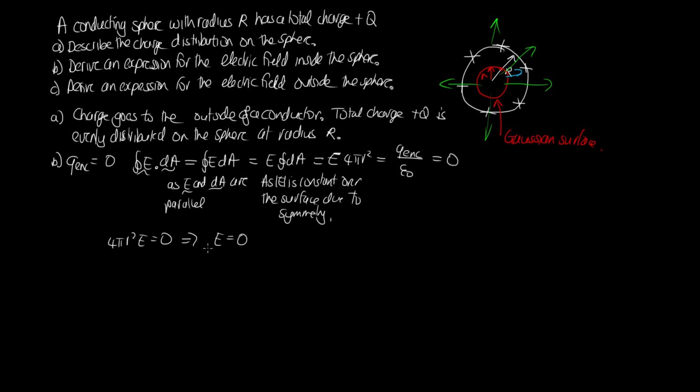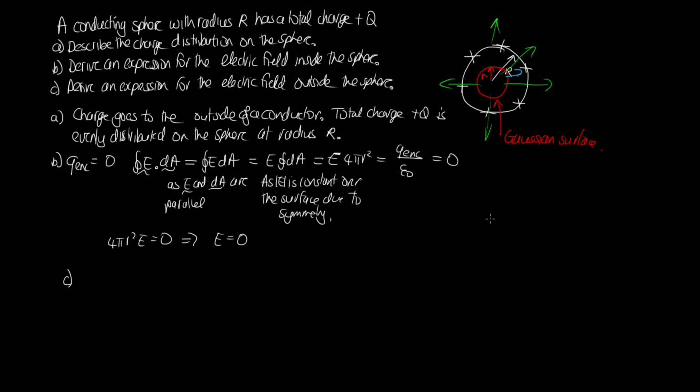That's not surprising, because when we were discussing the charge distribution on a conductor, we said that if the electric field was not 0 inside the conductor, then the charges, which are free to move, would feel a force and they would move. So we actually expected this result, but we can also prove it with Gauss's law like we've just done.